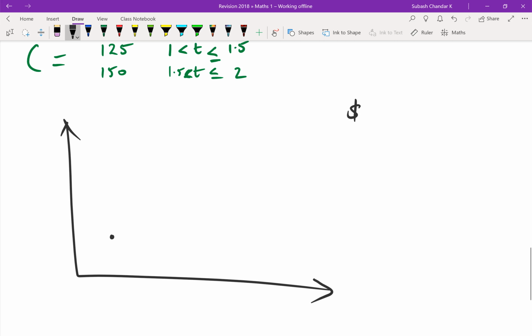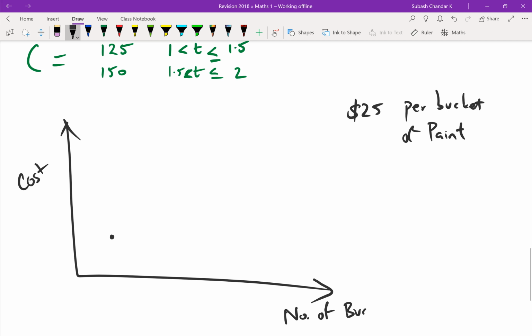So redoing that question, we've got $25 per bucket of paint. Okay? What I'd like you guys, just a rough sketch, what would this diagram actually look like? If it's $25 per bucket of paint, if you were to draw that, so say this was cost, this was number of buckets of paint. Can you guys just give me a rough sketch in your books of what this graph would actually look like?